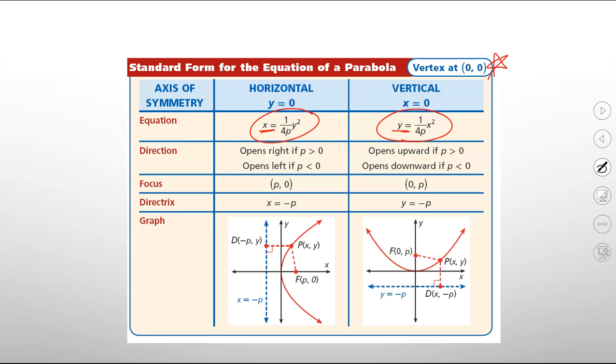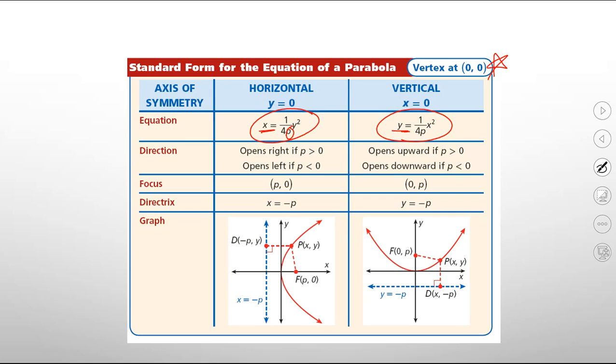Alright, but anyway, the only difference that you see here is P in the denominator. Remember, P is going to represent the distance that the focus and directrix are from the vertex. As long as you know what that distance is, we'll just plug it right in, and that's pretty much it. We'll be done with writing the equation. All we've got to do is plug in that distance value for P.